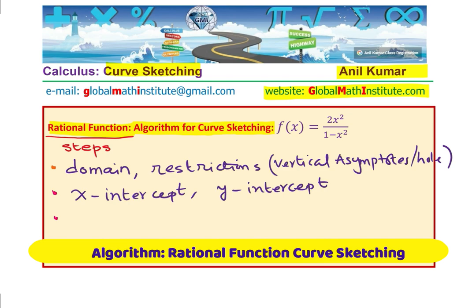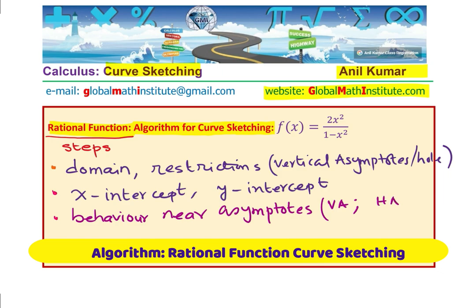The special properties in this particular case, as I said, are vertical and horizontal asymptotes, right? So, behavior near asymptotes, which includes both vertical asymptotes and horizontal asymptotes.